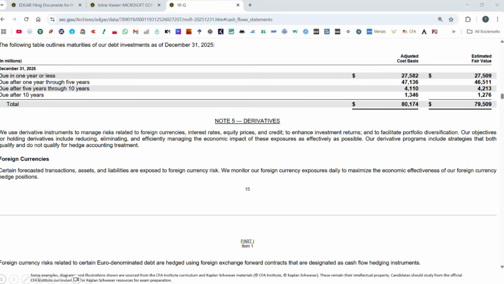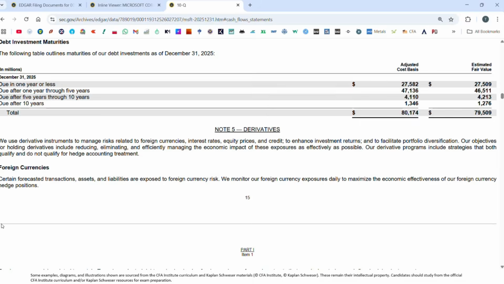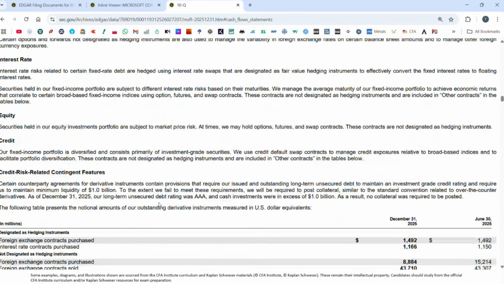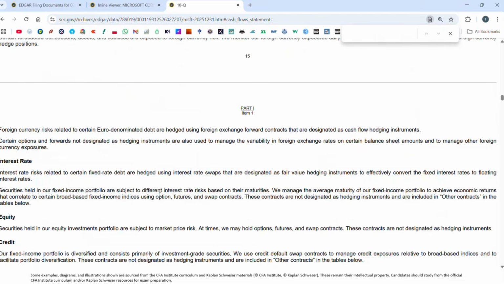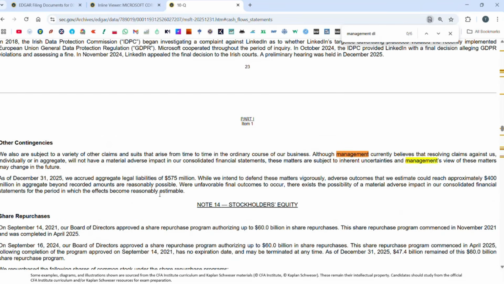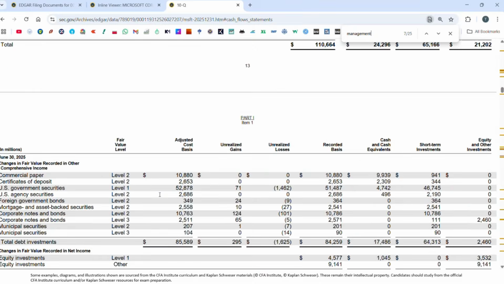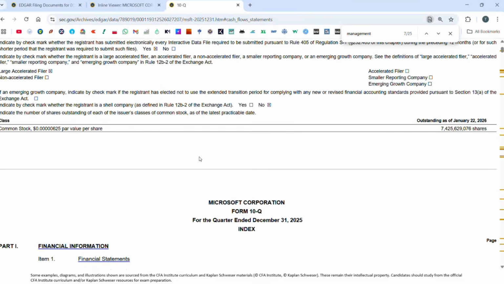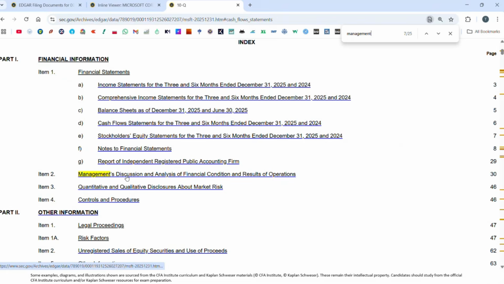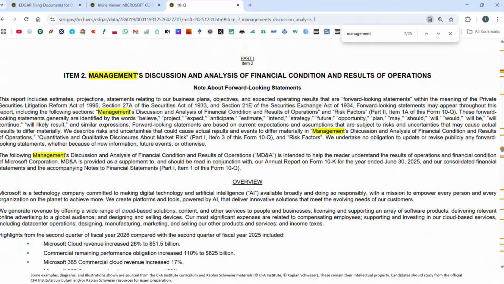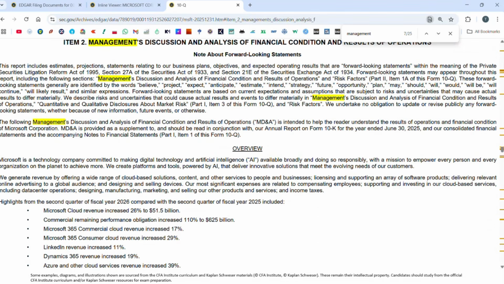Let's just go to an MD&A section on our report. Right, so let me just find that section for you, management discussion. Let's just go to the top of our document. Management discussion and analysis. Perfect.